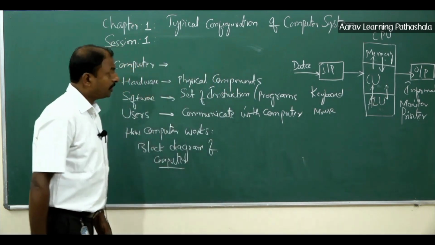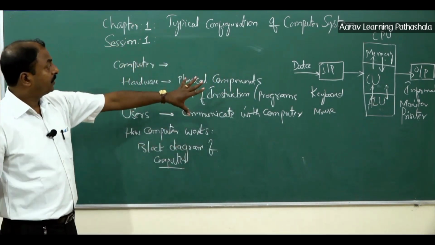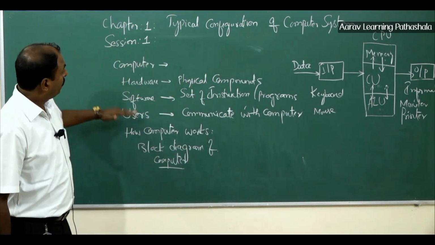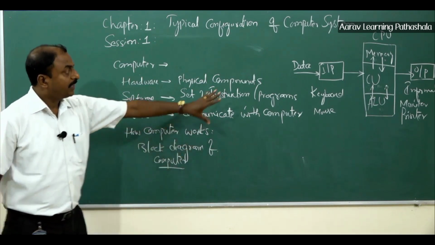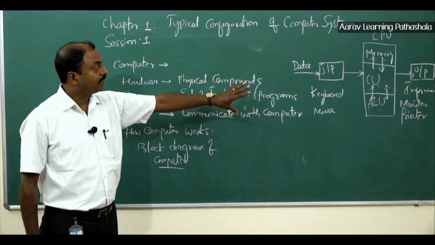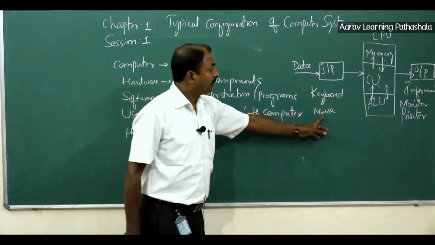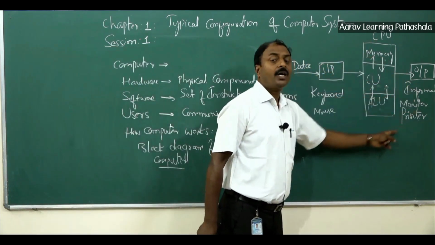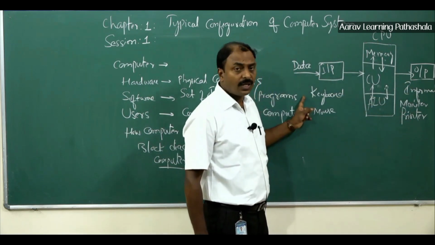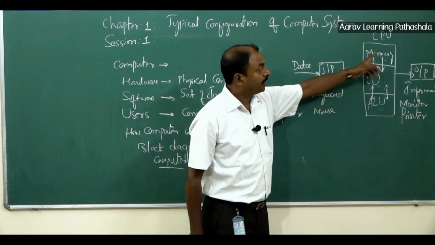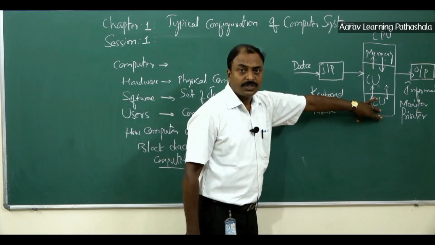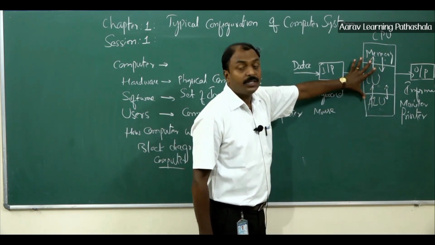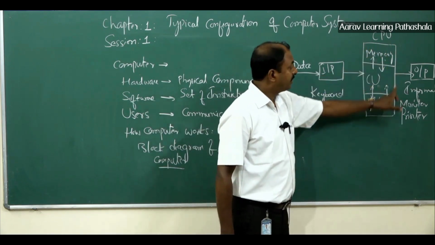So last year you learned the definition of computer. Now from here onwards we are going to learn some technical parts or technical terms related to computer hardware, basically what you learned theoretically in this diagram. Now we are going to learn some definitions, and see the different parts inside the CPU.